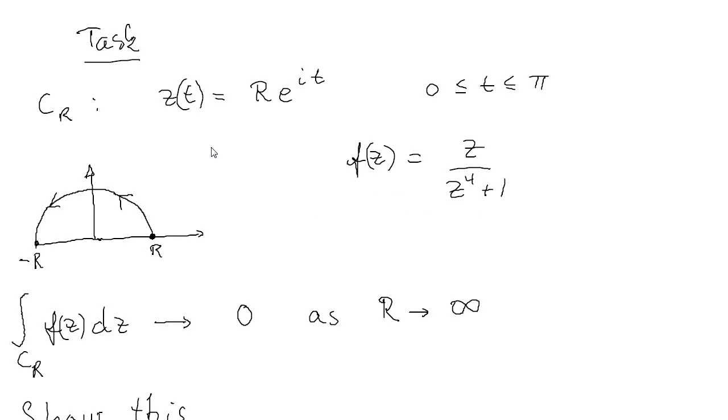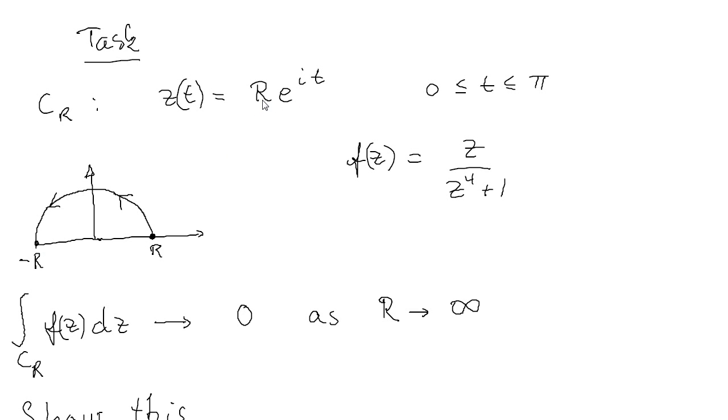In the following task, we have the function z of t describing this arc from R to minus R along this half circle.